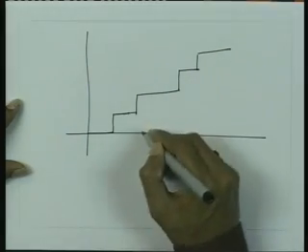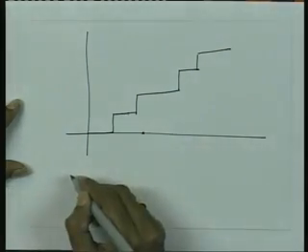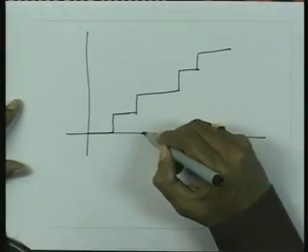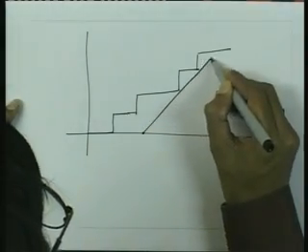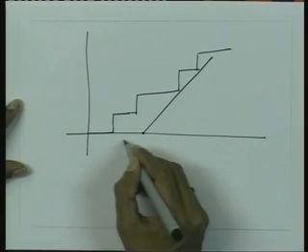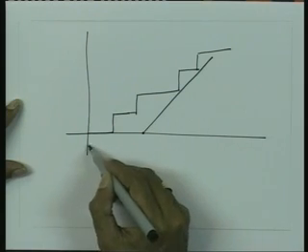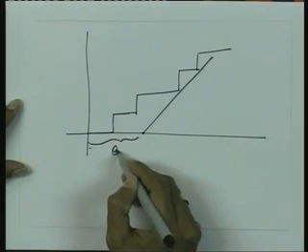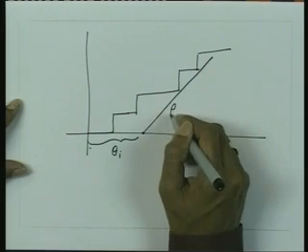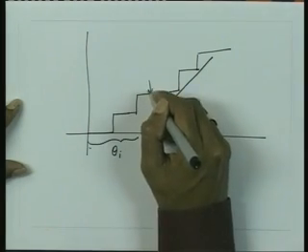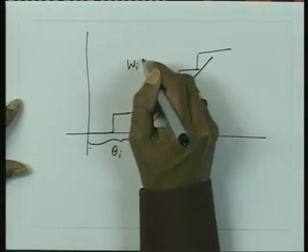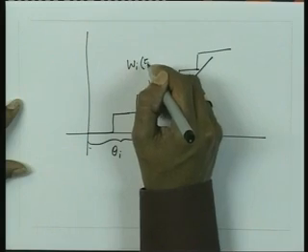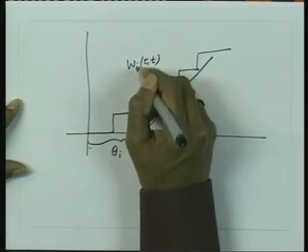So here what we are saying is the minimum duration theta I, and this has a rate of rho I, and this denotes wi tau t.